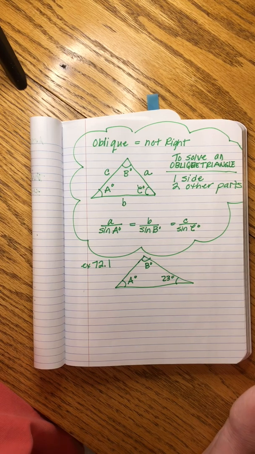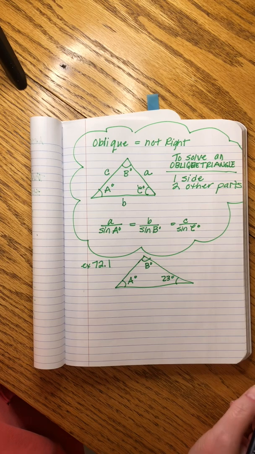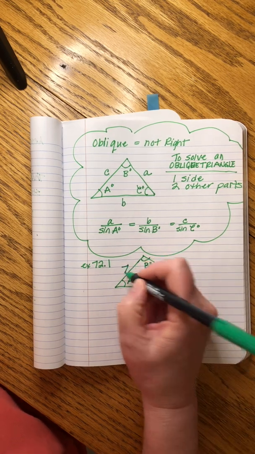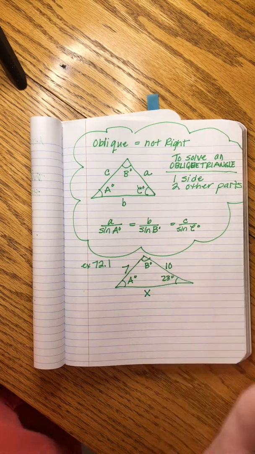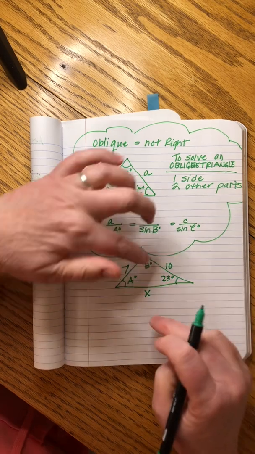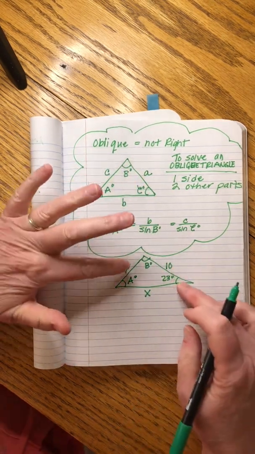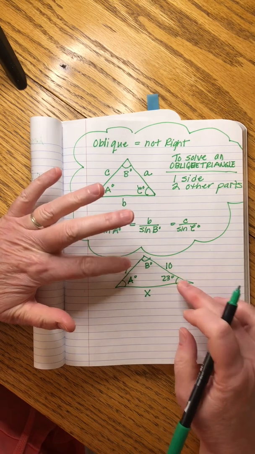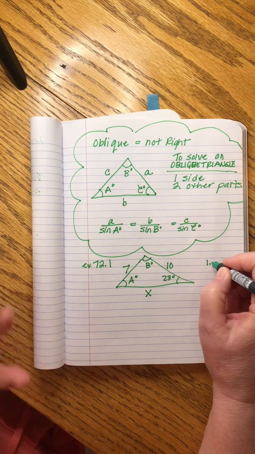Now, it says solve this triangle for the unknown parts. That's our instruction. As we're filling in, we look for pairs. We look for angles and their corresponding sides where we have both pieces of information given to us. And we see it's right here, right? So we're going to set that up as our anchor proportion, right?